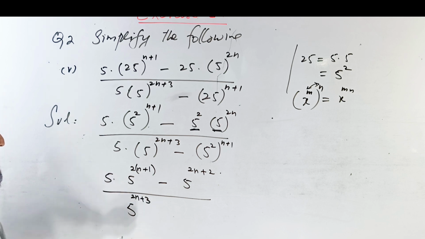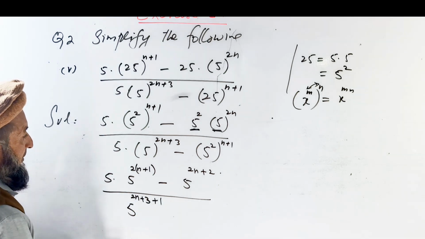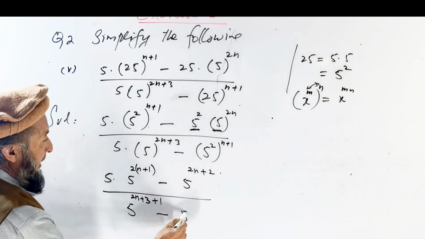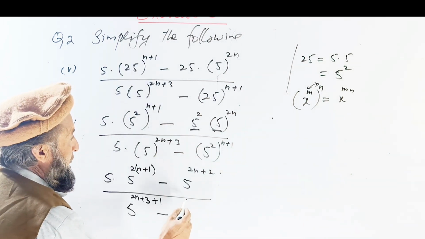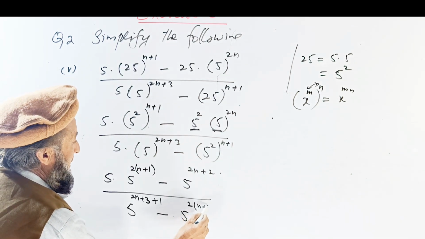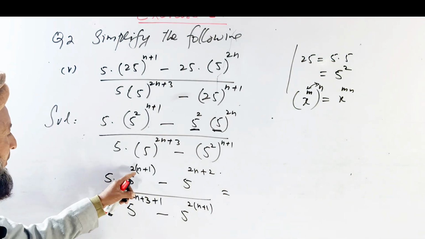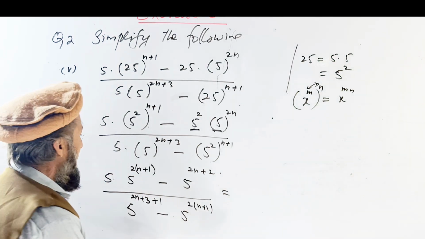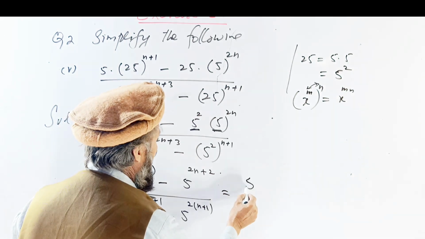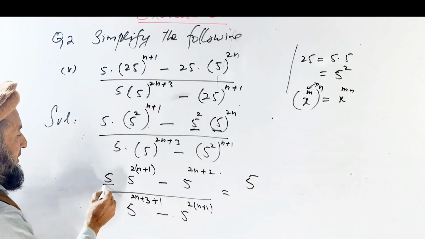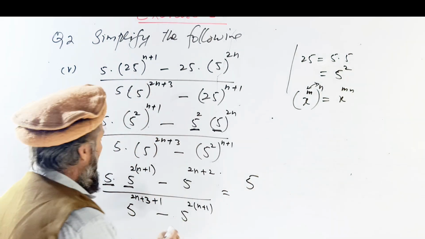Here again the bases are the same, so we add their powers, 2n plus 3 and 1, minus 5 power 2 into n plus 1, using the double exponent rule. Further we can also simplify; we multiply this term and apply the rules here. First we apply the multiplication rule: bases are the same, so we add the powers.